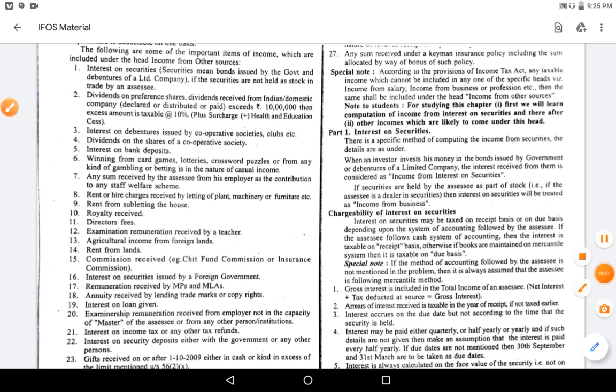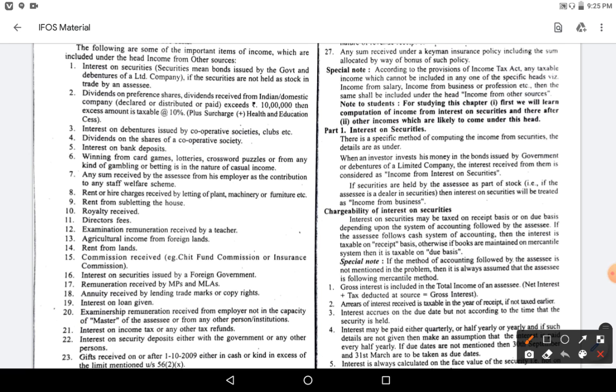One question will be asked, so a direct short question may be asked on interest on securities.